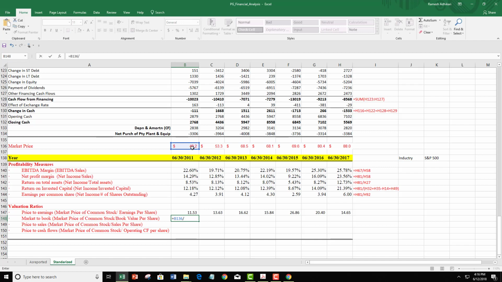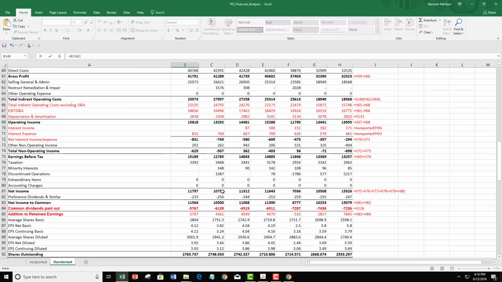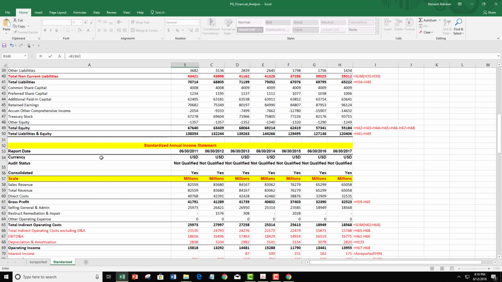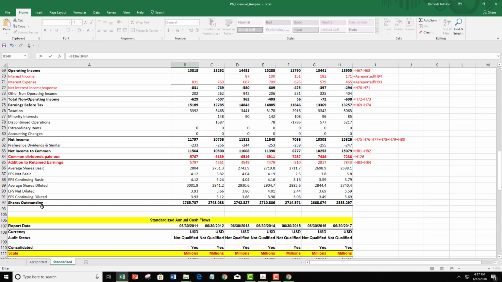Total book value of equity you can find in your balance sheet, which is your total equity in row 49, divided by number of shares outstanding. You can find that in your income statement, in this case row 92.